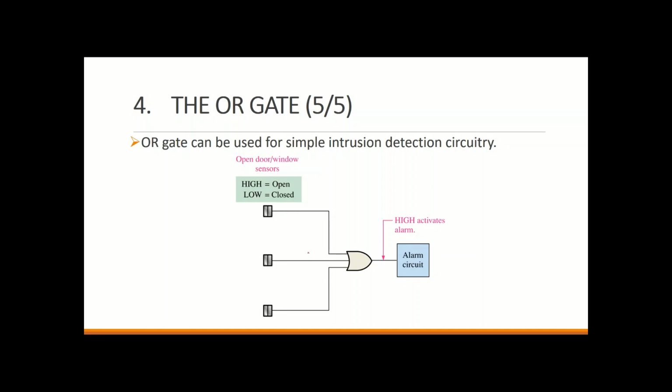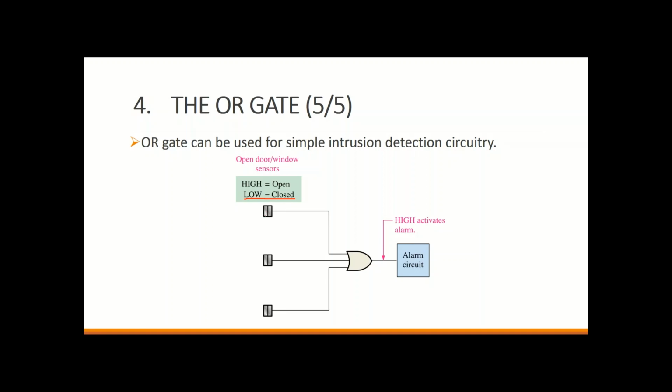Okay, what kind of application? A common application for an OR gate: we can use an OR gate for intrusion detection. Intrusion detection means what? Anything that comes as high on this line makes the output high, right? It's like an alarm. For example, if someone is trying to open a door, if the door is closed, the input is kept low.